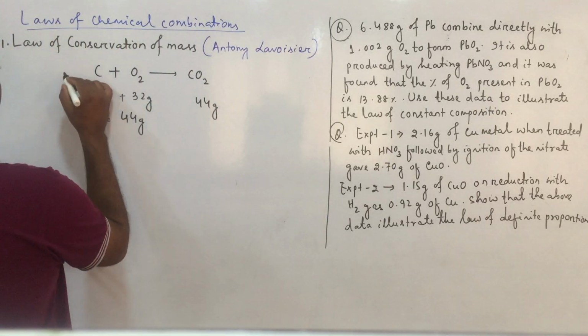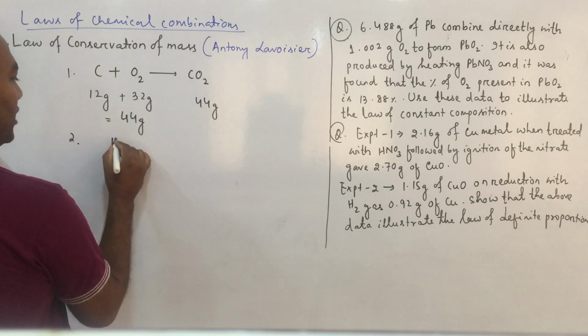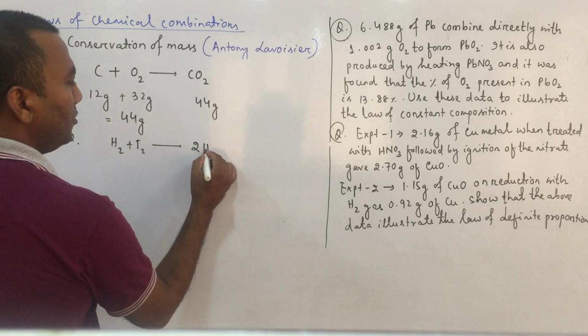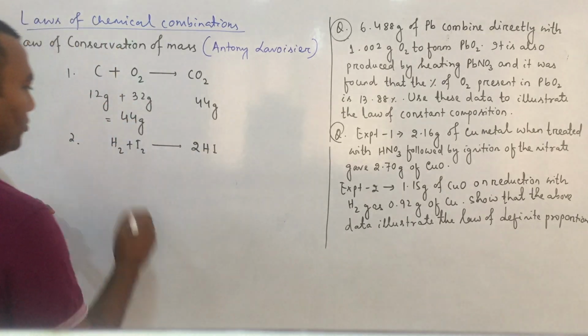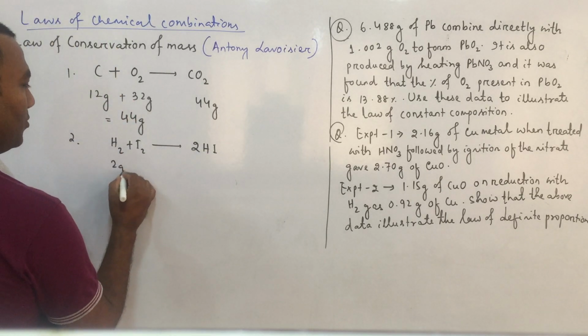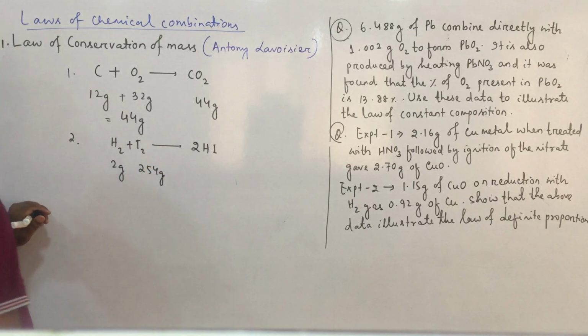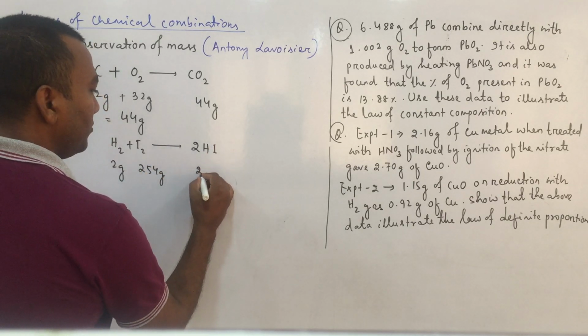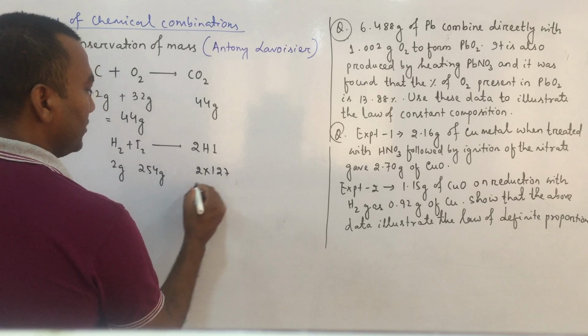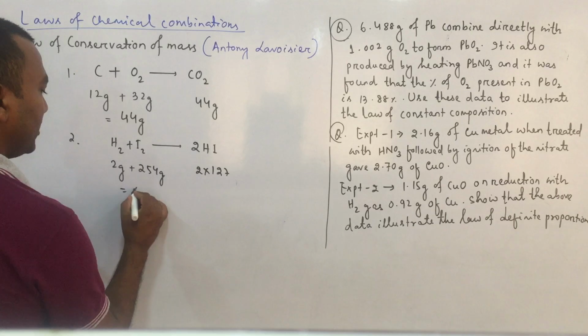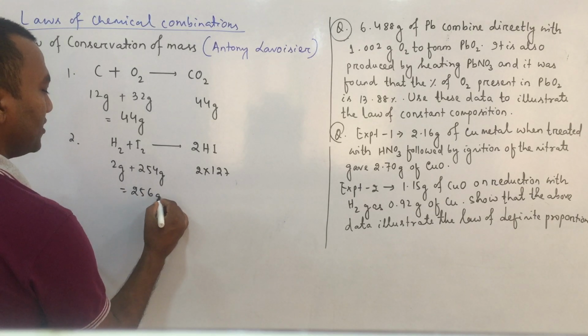Clear? Similarly, suppose another example: H2 plus I2 gives rise to 2HI. What is the mass of H2? 2. I2 mass is 254 gram. HI mass is 2 into 127, which is 2 into 128 in total, equals 256 gram. What is the mass of the reactant side? It equals 256 gram.